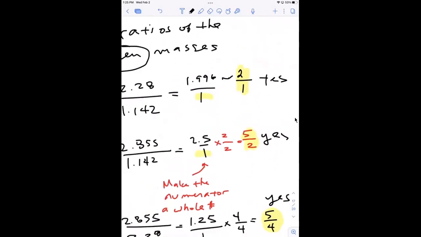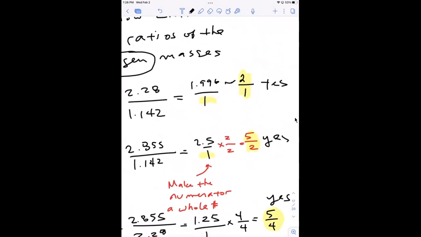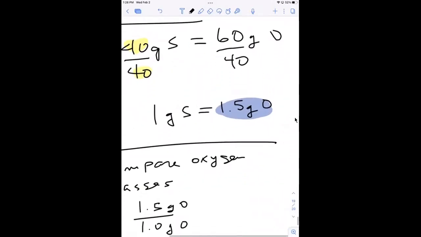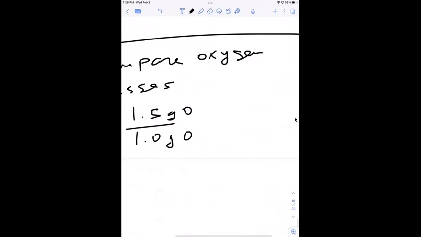So if we have a situation like that where the top number is a decimal, but we know that the top and the bottom numbers both have to be accounted for, we're going to turn this into a whole number. We're just going to take both top and bottom and multiply by 2, because we have to take the bottom number and the top number into account.